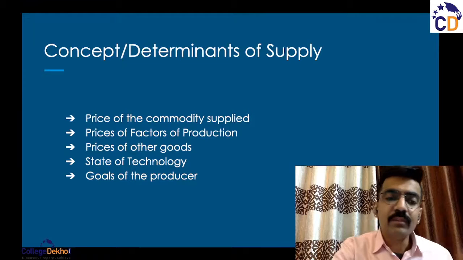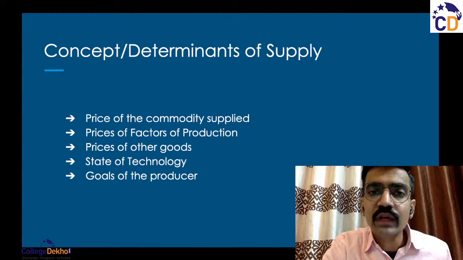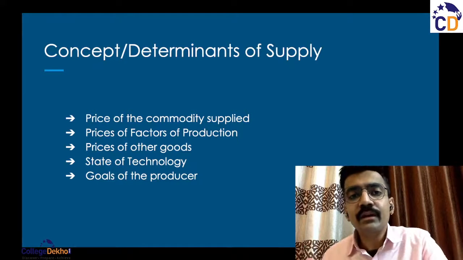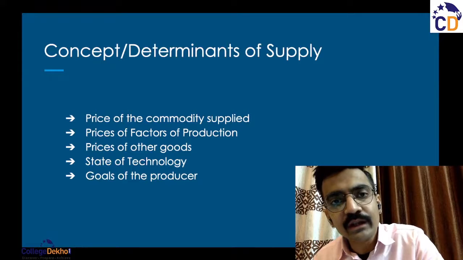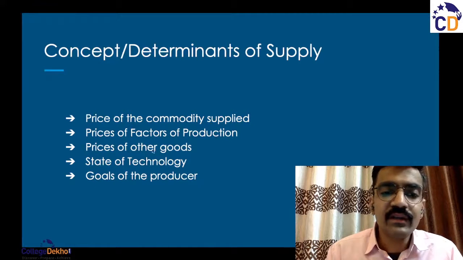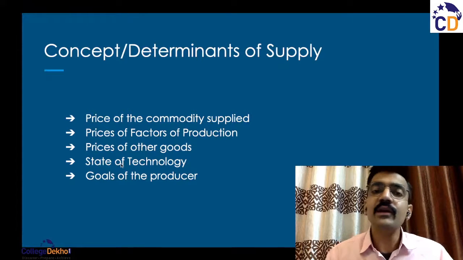As in, where earlier 100 people worked, 100 laborers worked, the work of those same 100 people is today being done by 5 machines or 10 machines. Right? So this improvement in the technology lowers the cost of production.